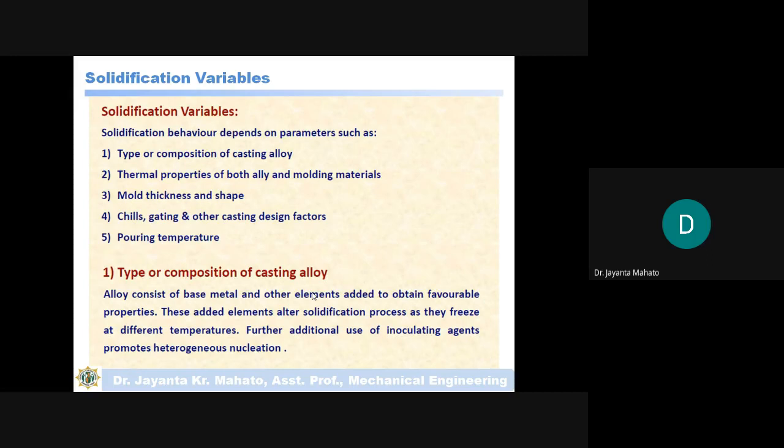So the first one is the type or composition of the casting alloy. An alloy consists of a base metal and other elements added to obtain favorable properties. These added elements alter the solidification process as they freeze at different temperatures.